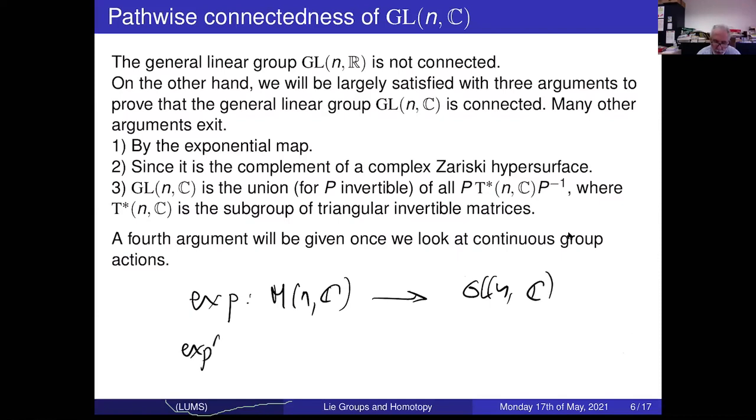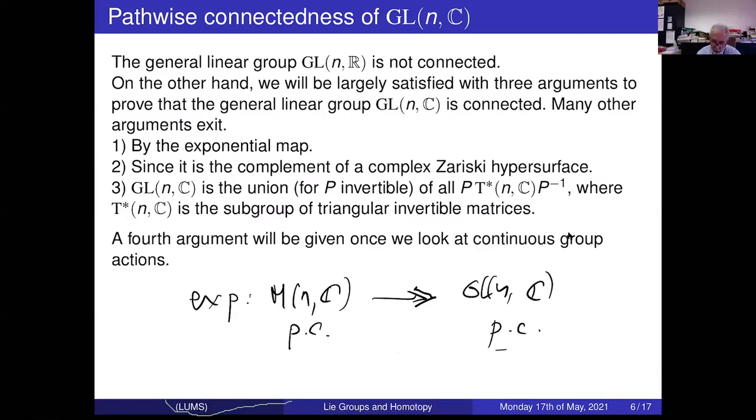Because exponential of A is invertible and its inverse is exponential of minus A. And this map, which is continuous, is surjective. It's an easy exercise in linear algebra. And since MNC is path connected, it will be the same for GLNC.